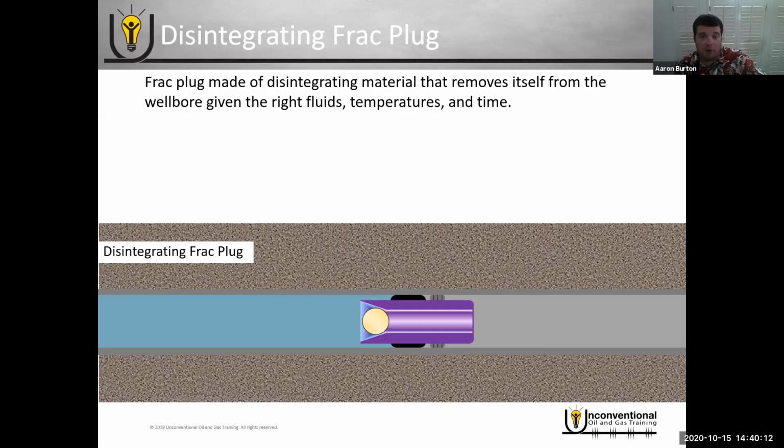And so you have to pump that ball down hole to get the isolation with this plug. Once it's on seat, exact same functionality, you pump your frac job. But the big difference here is after you've finished your frac job, both the ball and the plug will disintegrate from the well and the wellbore fluids and remove itself from the well.